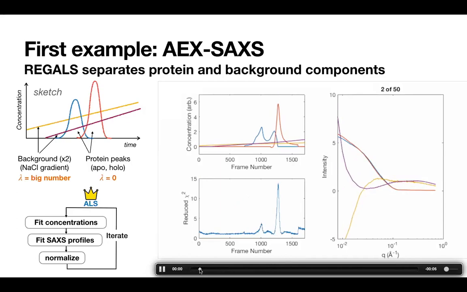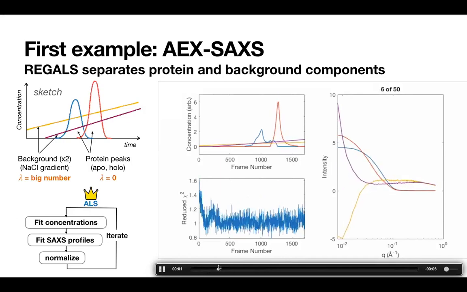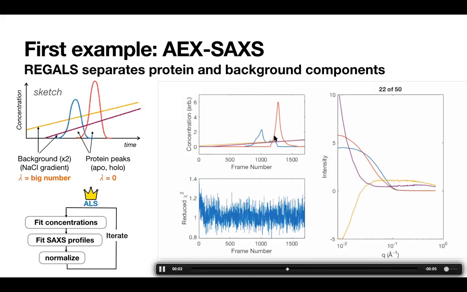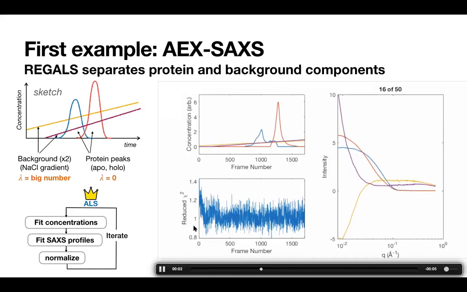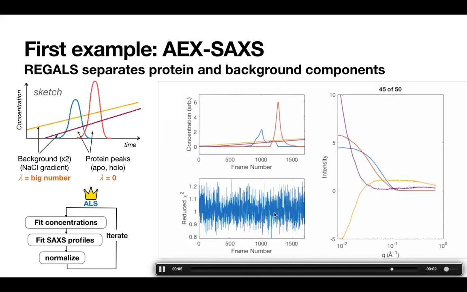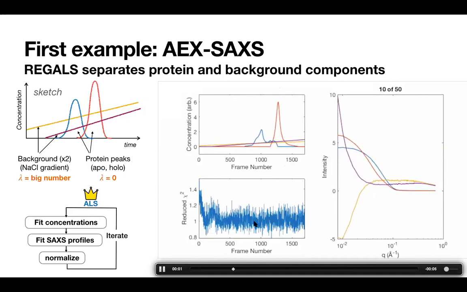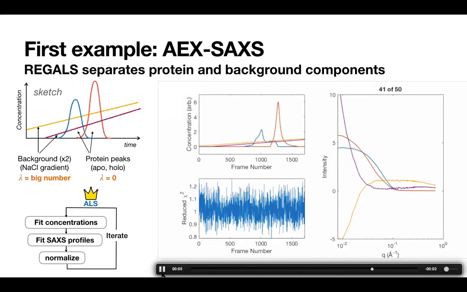And then as we advance a few frames, you can start to see these concentration peaks now more resemble what you expect to see. This is the reduced chi-squared versus frame number. This now approaches 1, signifying that we have a good fit to the data. And the SAXS profiles we get look pretty physical.